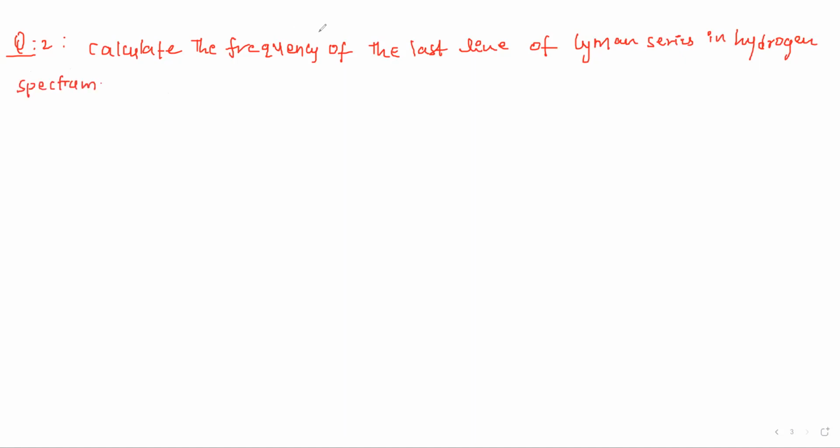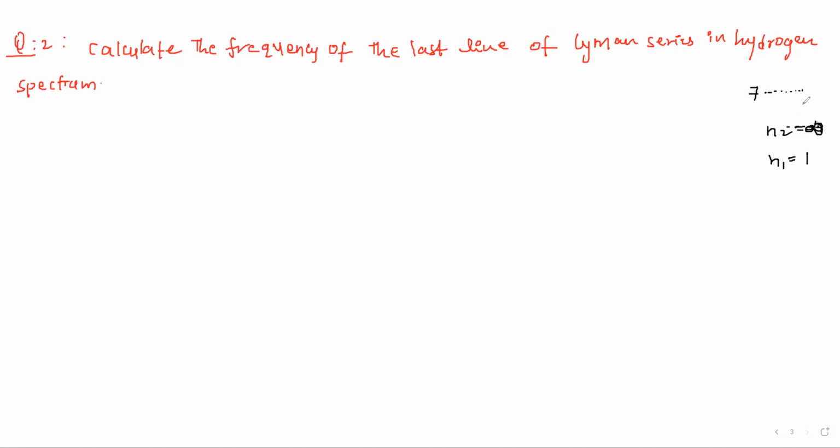Amma, here you have to remember the Lyman series N1 value. The Lyman series N1 value is 1 only, but the N2 value for the last line, Amma. Last line means it will not end with 7. I told you already yesterday, it can be more than 7 also. Last line is nothing but unlimited. So the N2 value is infinity.